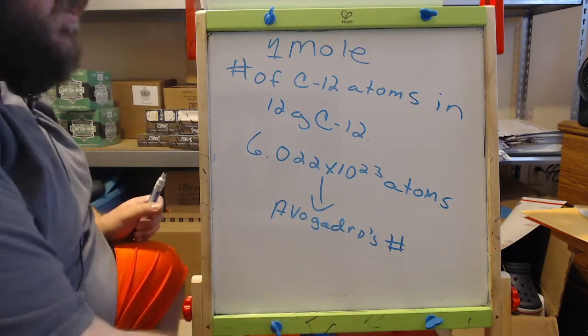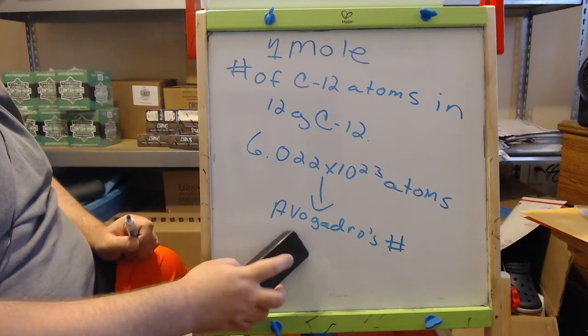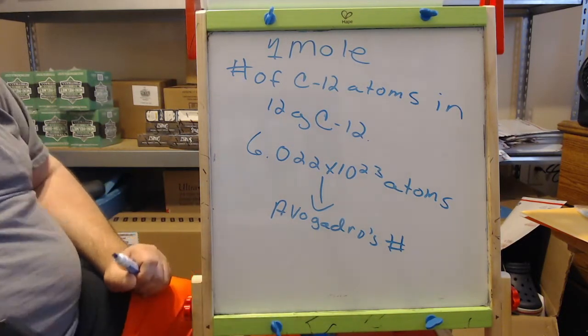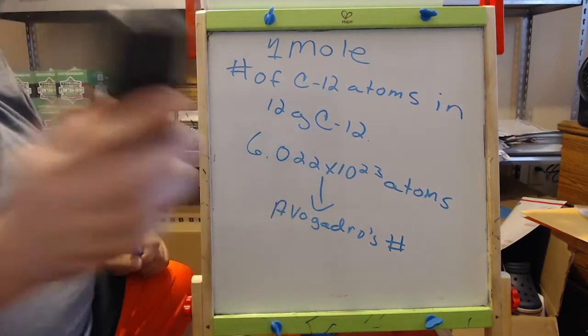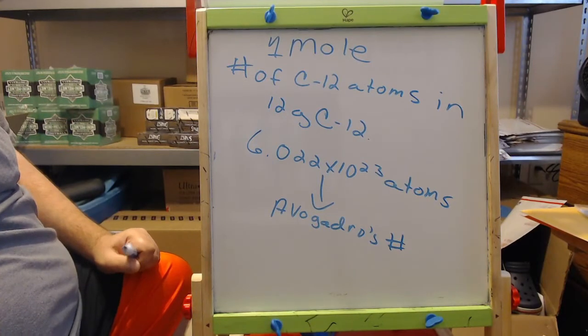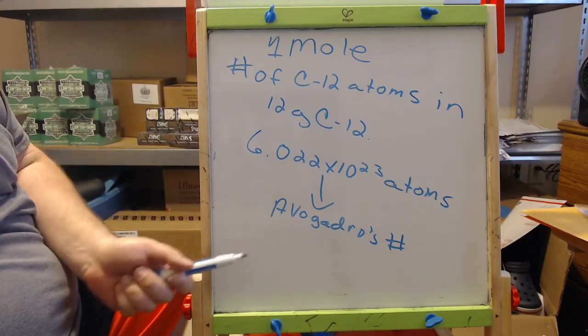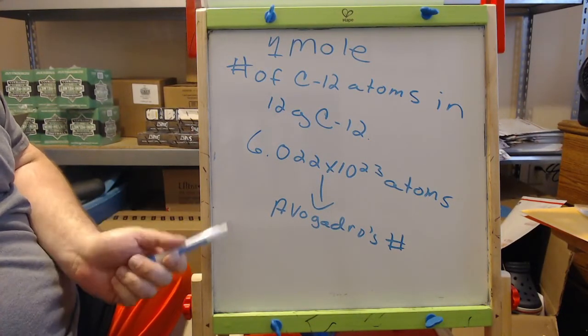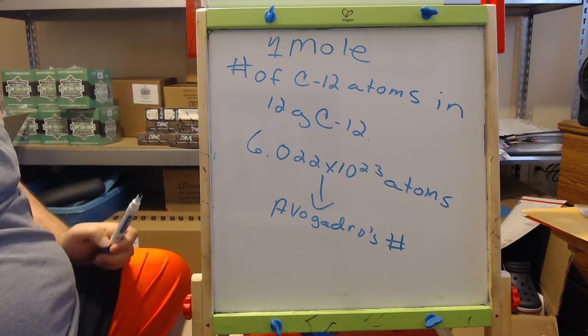So, now I just want to point out Avogadro's number. We're going to talk about Avogadro. Avogadro, now listen to this. Now you think your life is boring and not exciting. Avogadro was a lawyer whose hobby was to study physics and chemistry.